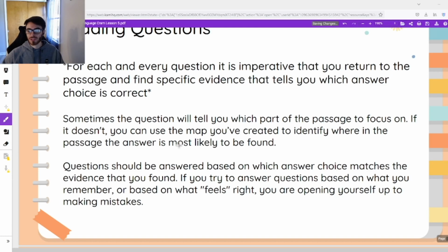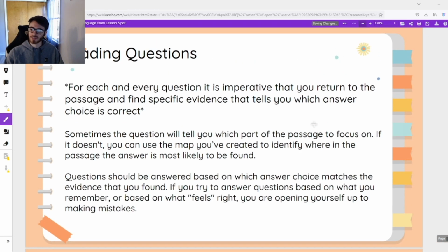Questions should be answered based on which answer choice matches the evidence that you found. If you try to answer questions based on what you remember or what you think makes the most sense or what feels right, sometimes you will be correct. It's not like you're going to get it wrong every single time, right? Sometimes that'll get you the correct answer.